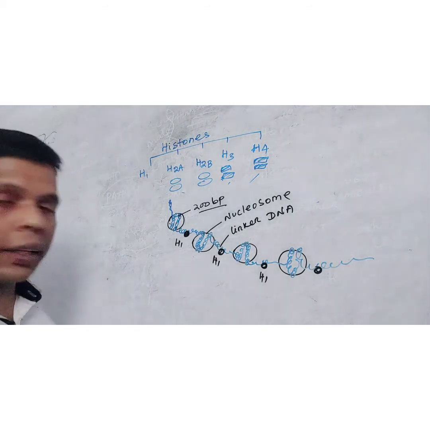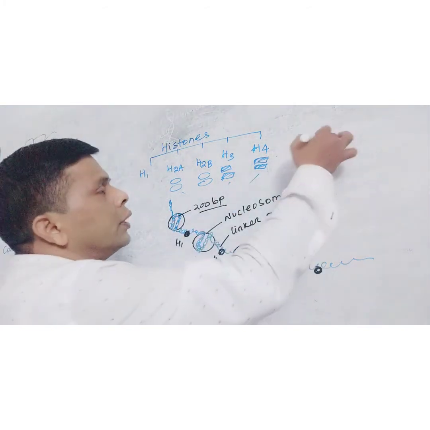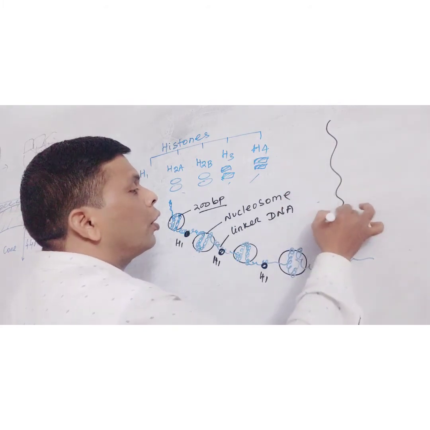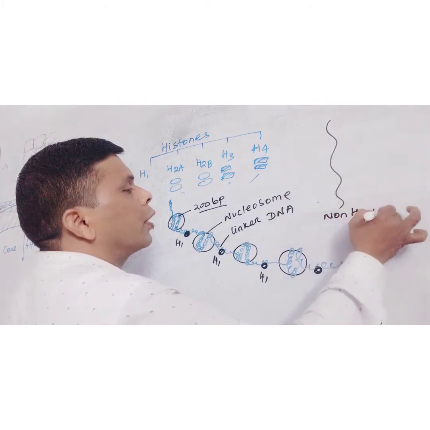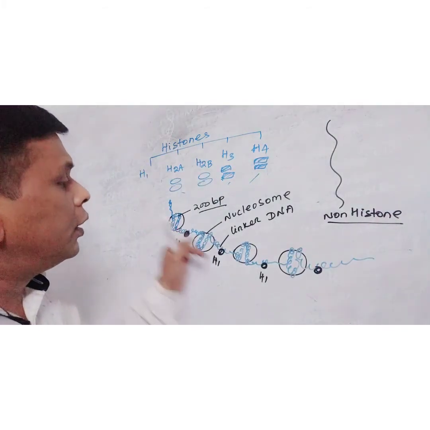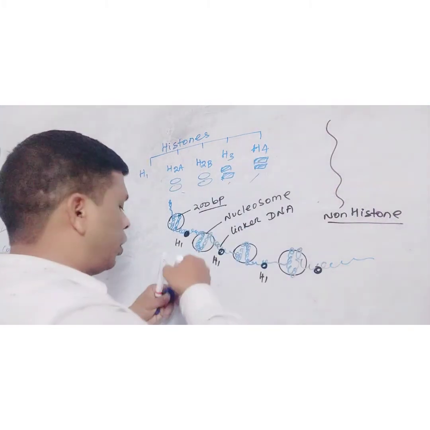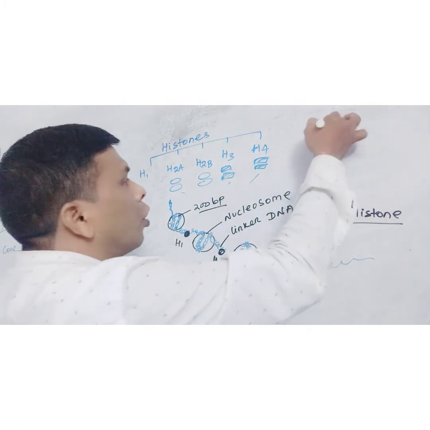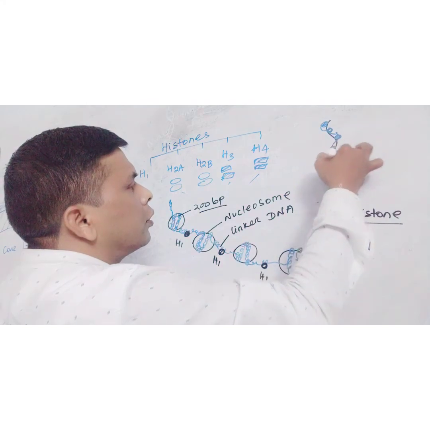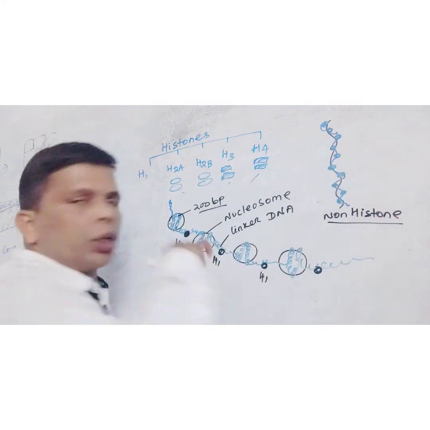What happens after that? When chromosomes are formed, there are non-histone proteins in the chromosome. Around the non-histone protein, this chromatin is again coiled, with the nucleosome structure, and it is wrapped, producing the chromosome.